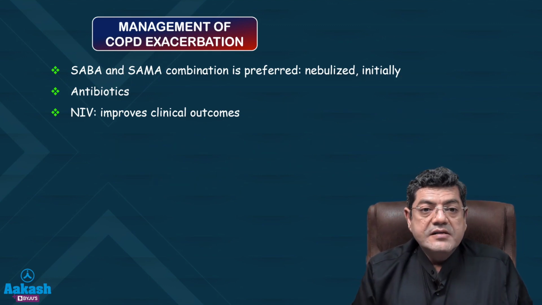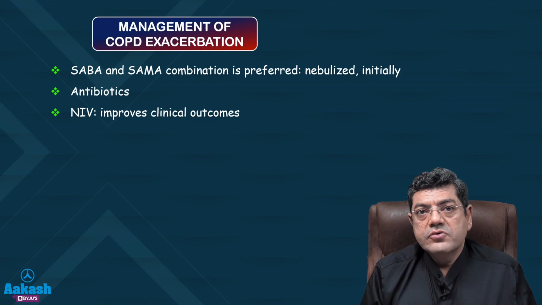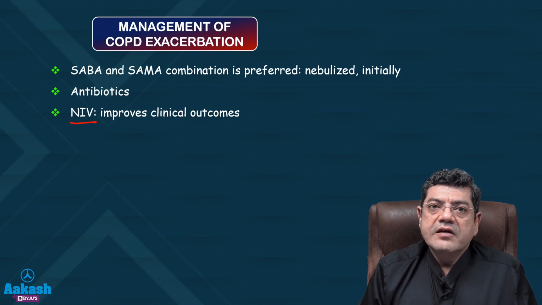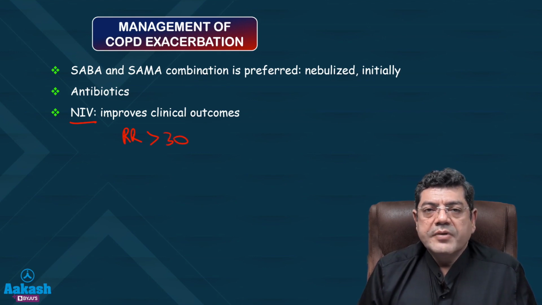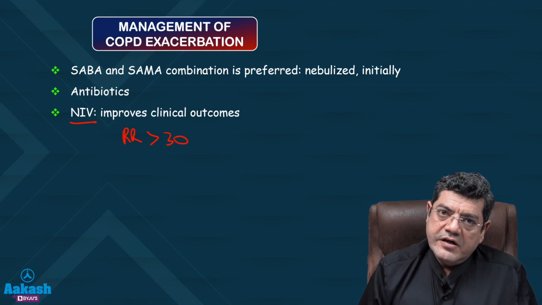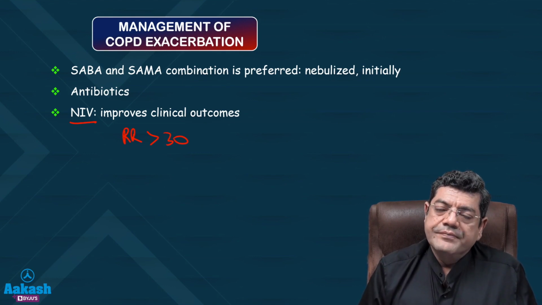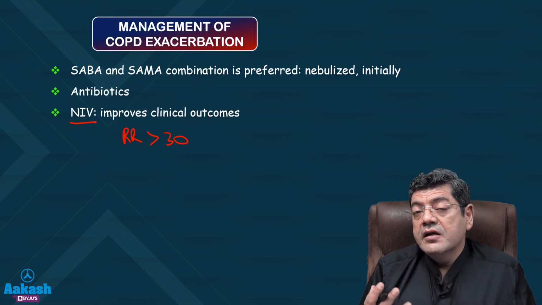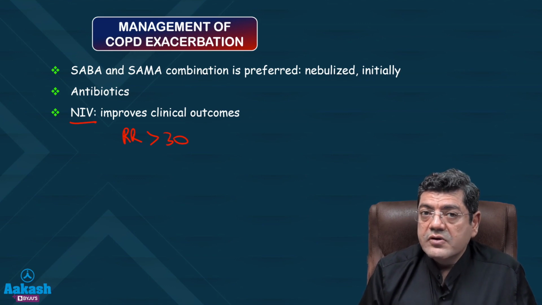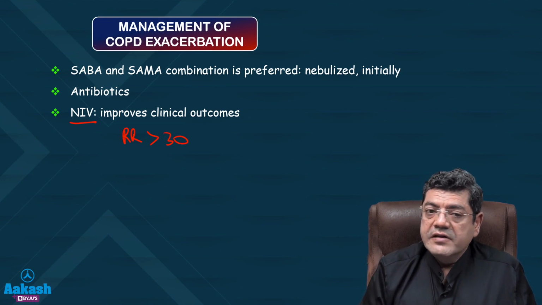Okay. Besides this, any other indication for using non-invasive ventilatory support is, again, if you see that the patient is having an unacceptably high work of breathing. So, if the respiratory rate continues to be more than 30 despite medical management, you're giving supplementary oxygen, you've started antibiotic, you've started bronchodilator, you've given, remember that parenteral steroid or oral corticosteroid is used for an acute exacerbation, right, especially when they are hospitalized.